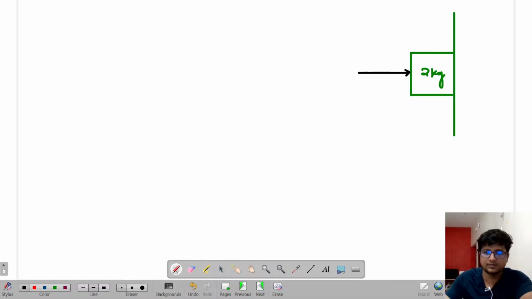And coefficient of static friction is 0.5, mu s is given 0.5, and another horizontal force of 50 newton is applied on the block in the direction parallel to the wall.